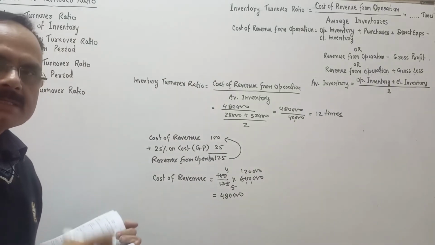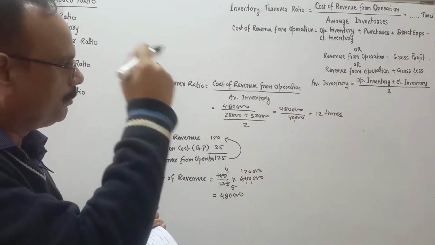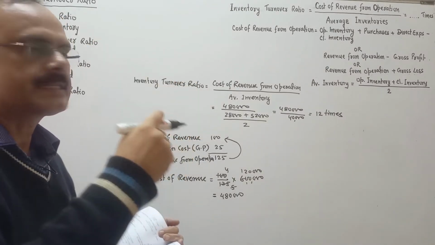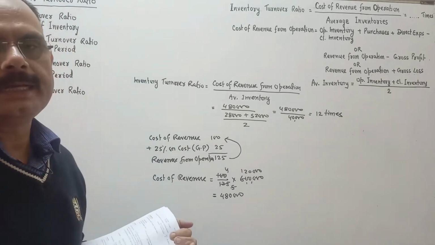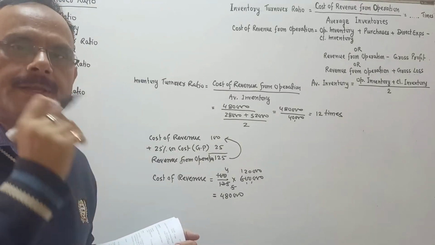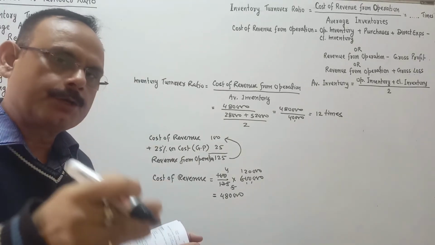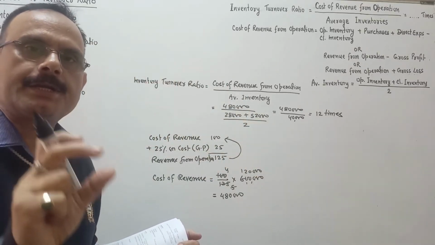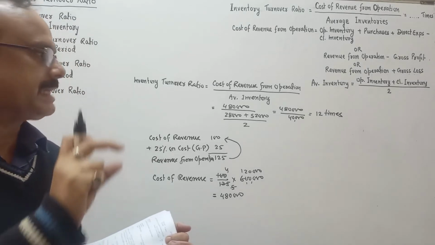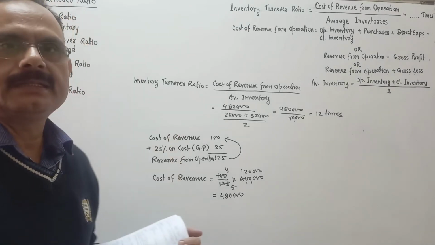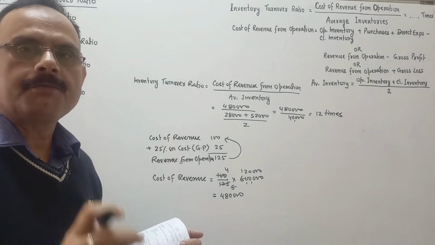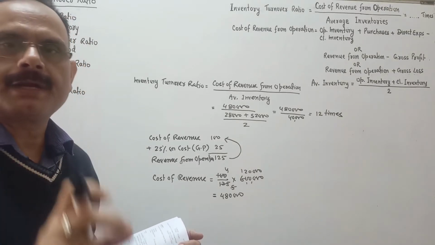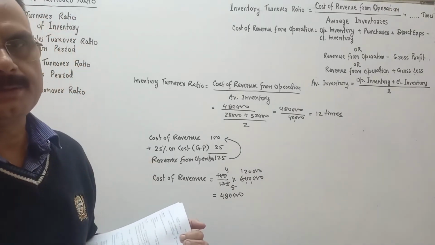So the more it is, if the inventory turnover is high, it's a good indication that inventory is converted into sales very quickly. The less it is, this indicates that the company failed to convert the inventory into sales quickly.